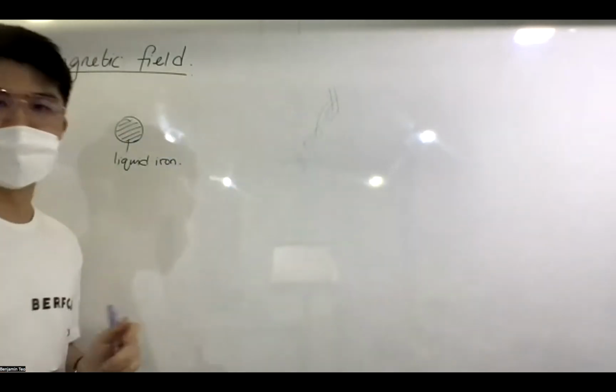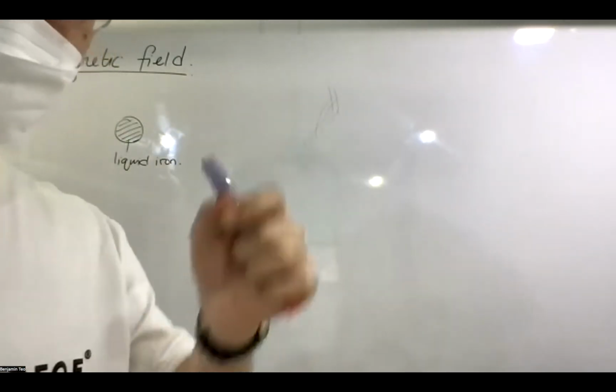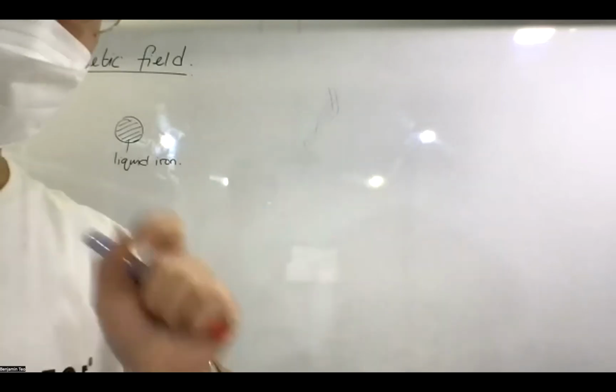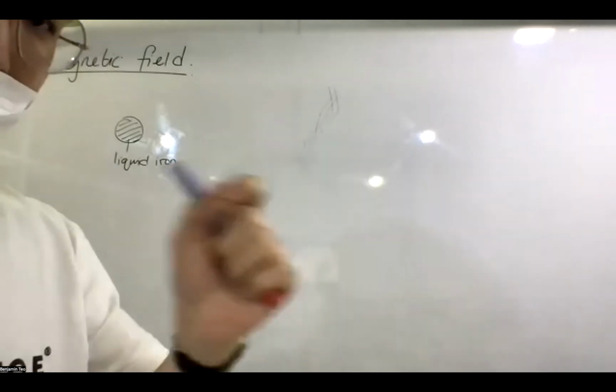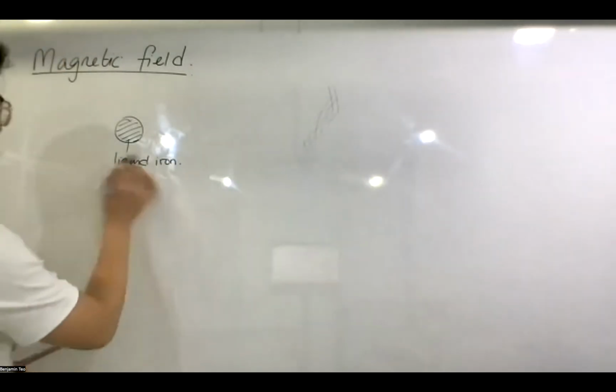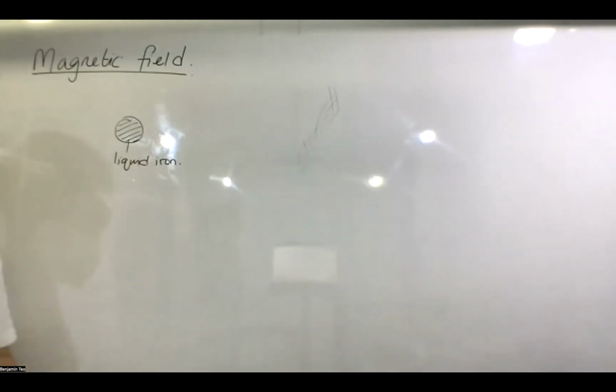Now, when you have current and magnet, they are very closely related. Whenever you have electric field or current, you will have magnetic field. Here, if you are asked, where does the Earth get its magnetic field? How do we answer?